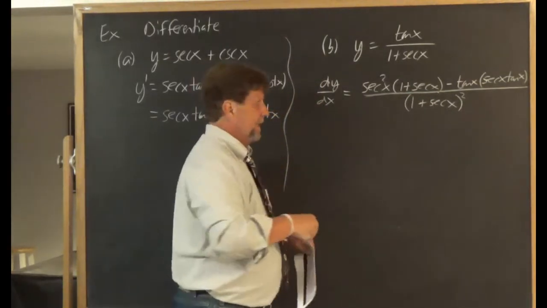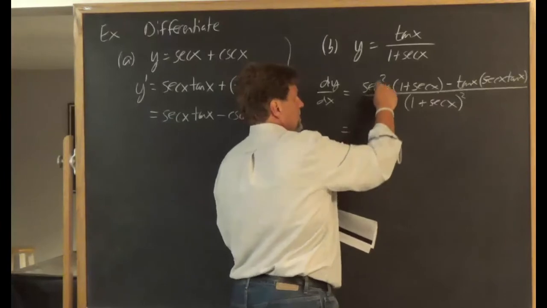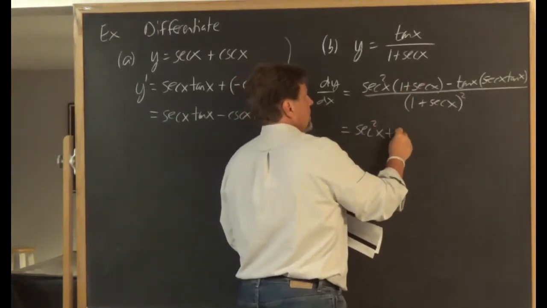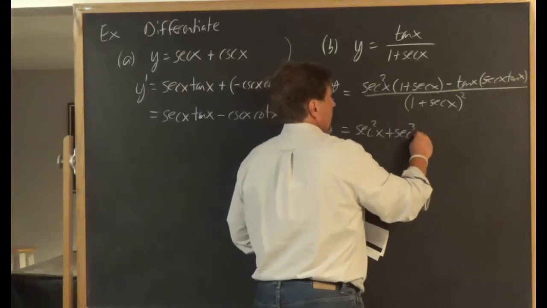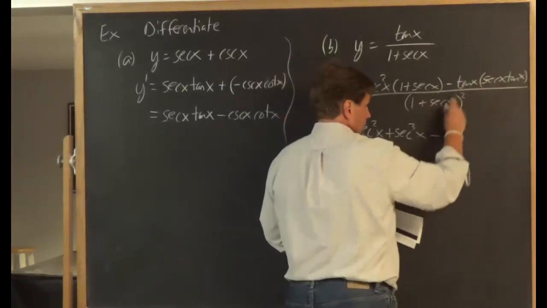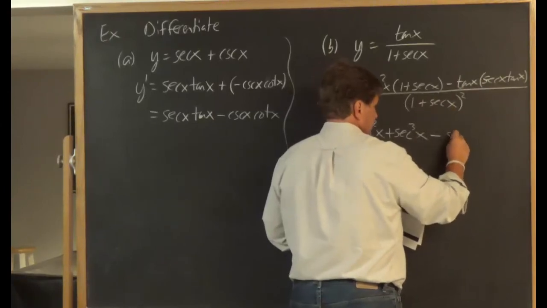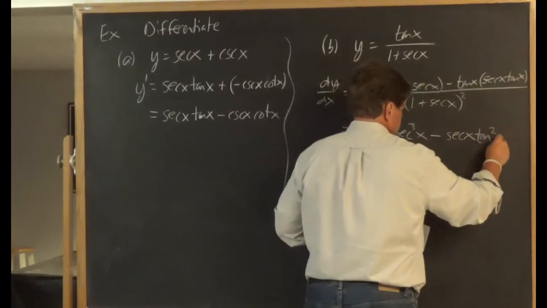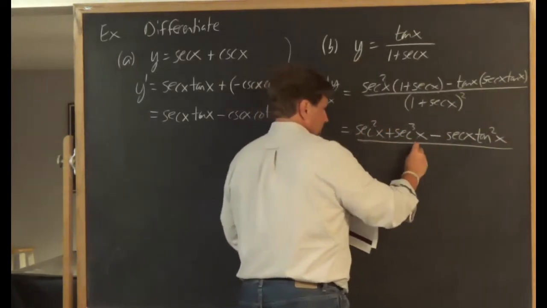Let's clean this up a little. Let's distribute the secant squared. So we get a secant squared x plus a secant cubed x. After distribution, we get negative secant x tangent squared x.